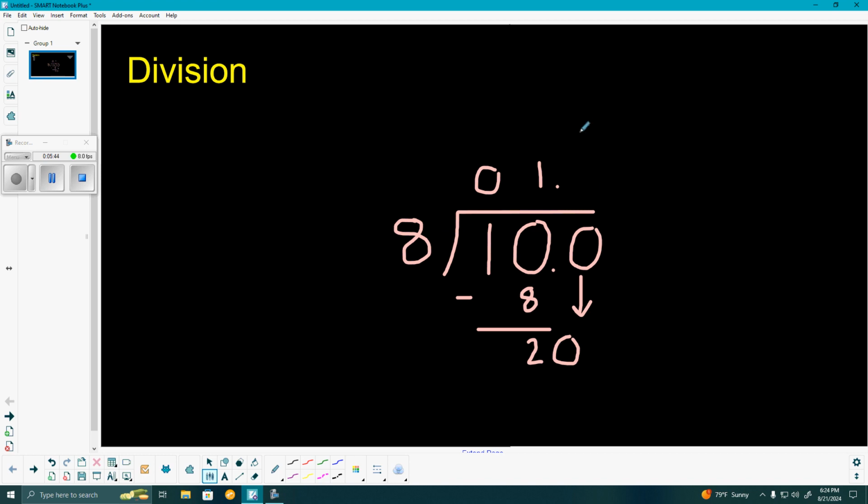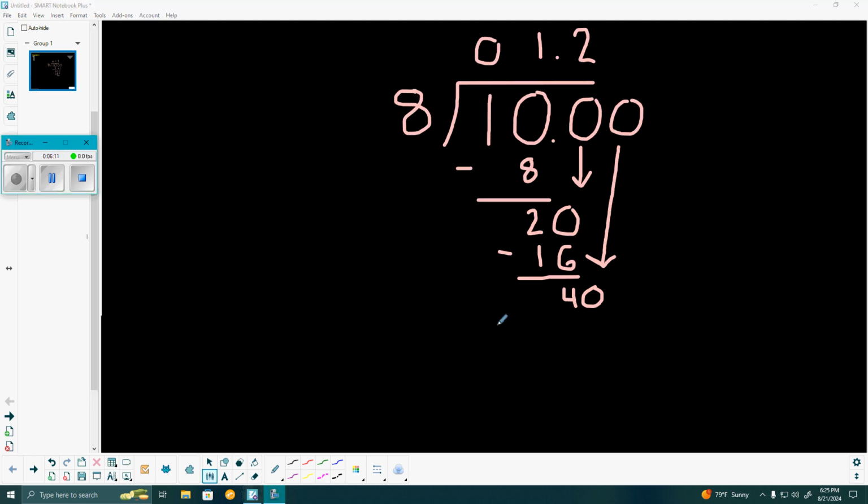8 can go into 20 2 times. 8 times 2 is 16. 20 minus 16 is 4. I still don't have a 0, so I'm not done. I need to add another 0 to my dividend and bring it down, creating 40. Now that I have 40, how many times can 8 go into 40?